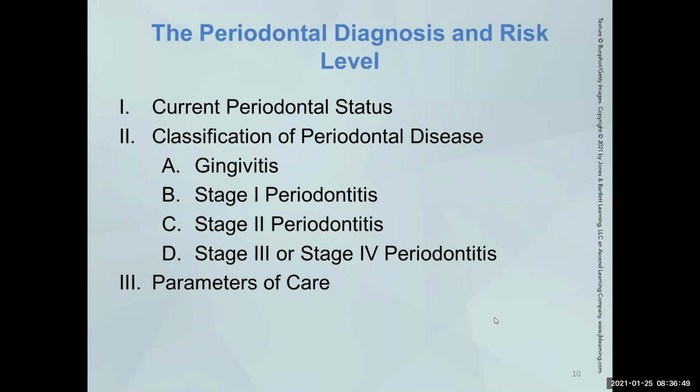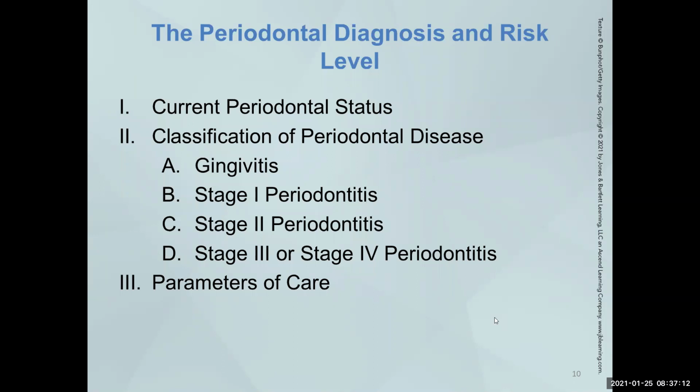Do they need topical anesthetic or local anesthetic? How much scaling? Are you going to need to use the ultrasonic? Is it going to be hand scaling only? Any other treatment? Do they need to come back for a re-evaluation? And that depends on the classification of the periodontal status.